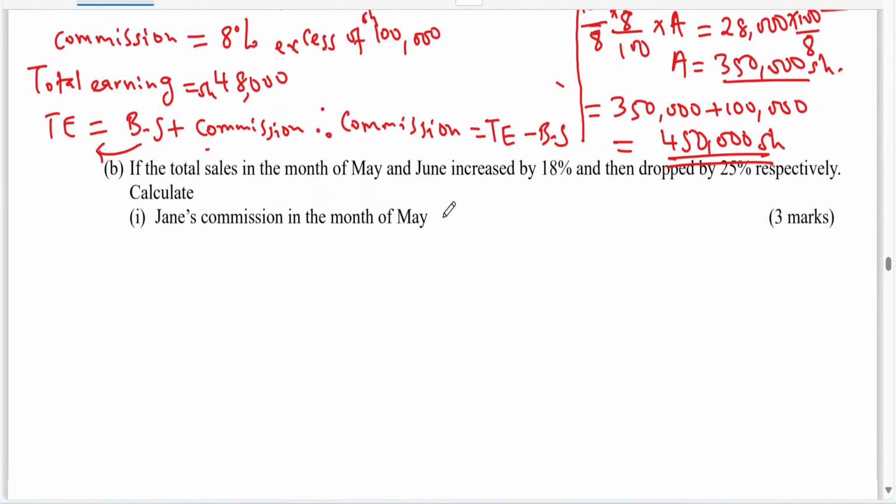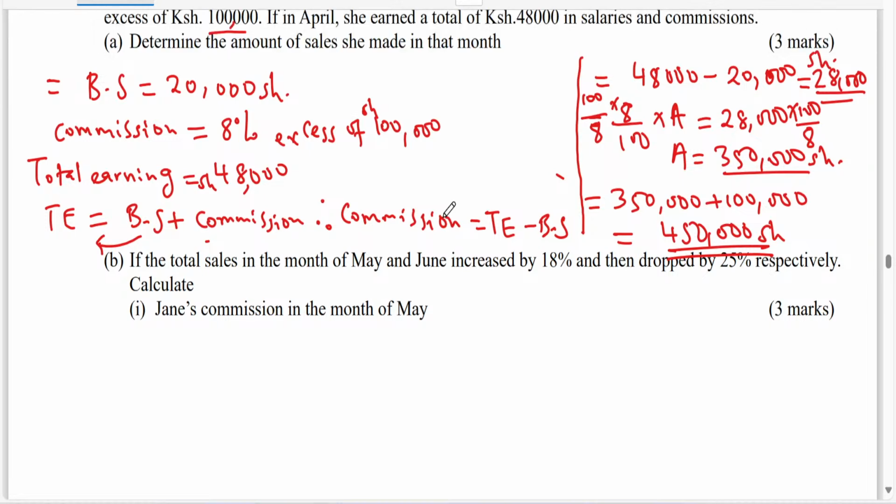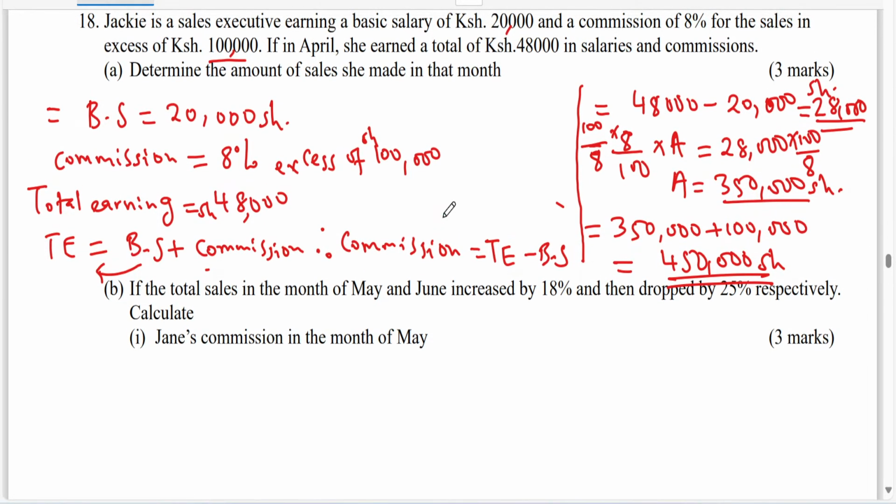Question B: if the total sales in the months of May and June increased by 18% and then dropped by 25% respectively, calculate Jane's commission in the month of May.